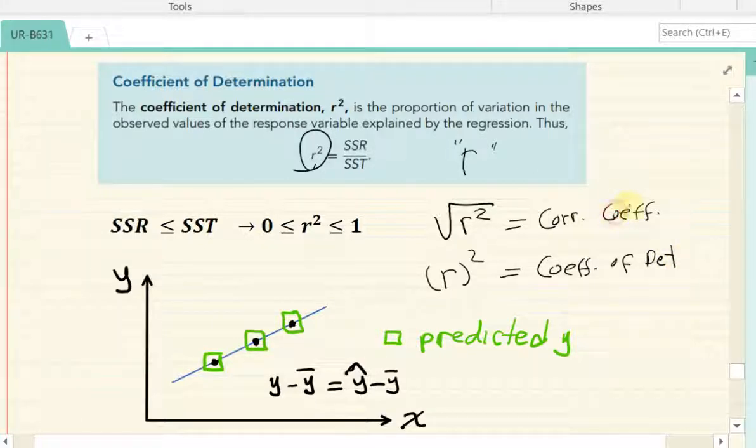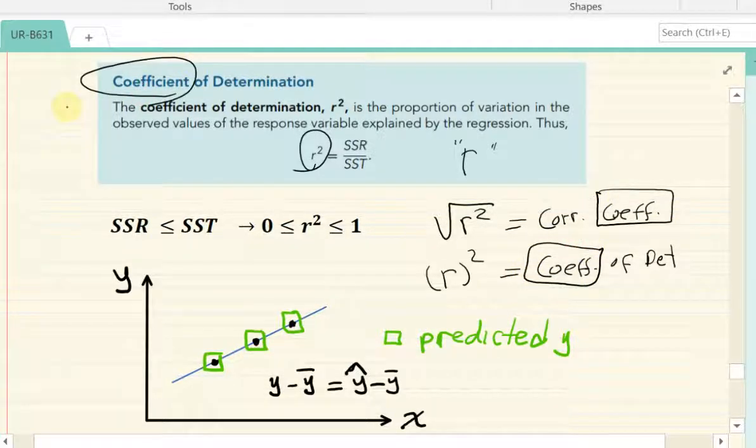Now, let me also emphasize, what do we mean by coefficient here? Coefficient, it's up here. Typically in all fields of science, especially in mathematics and in particular statistics, anything that's a coefficient, that means it does not have any units attached to it. So let's say the correlation coefficient between x and y is, I don't know, 0.7.